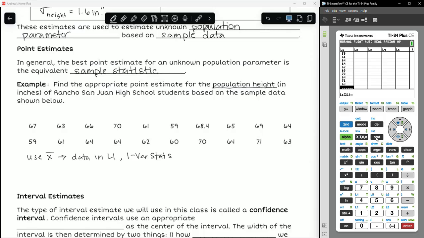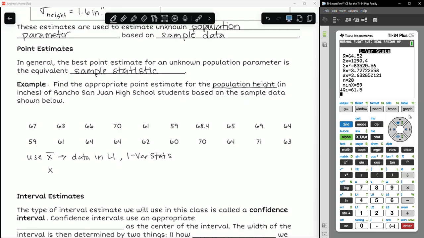And then we're going to go stat, calc, 1 var stats. And since I only have data in list 1, I want to clear out my frequency list. And we get a sample mean of 64.52 inches.